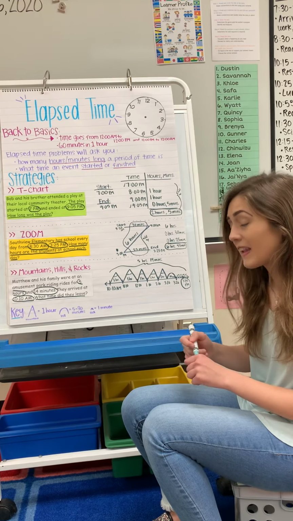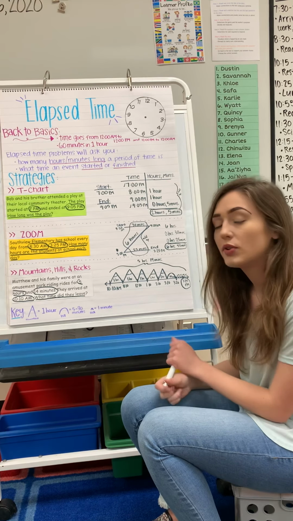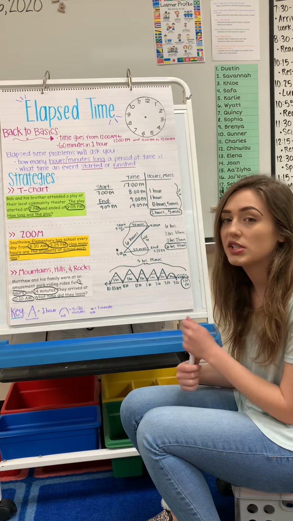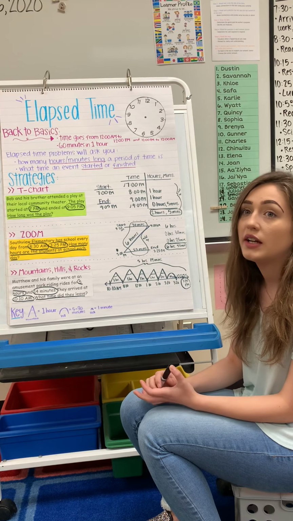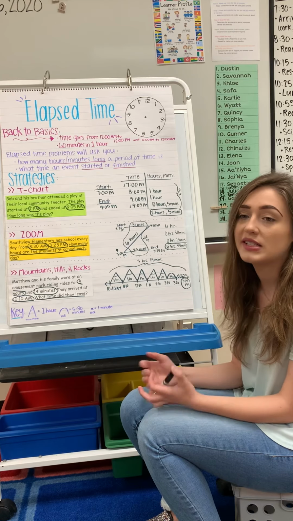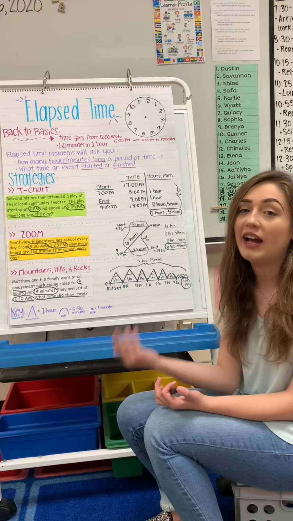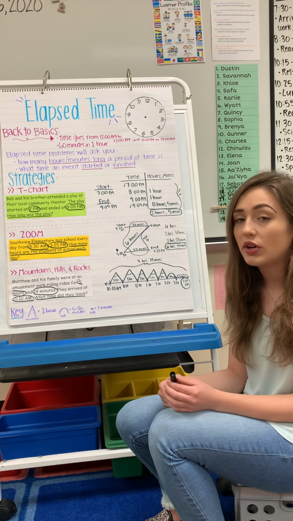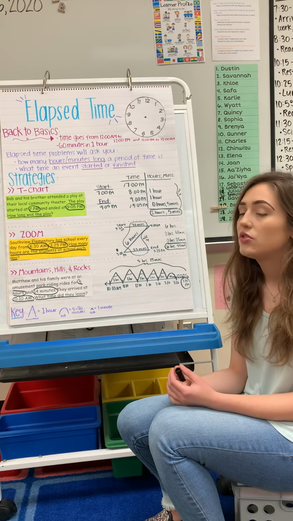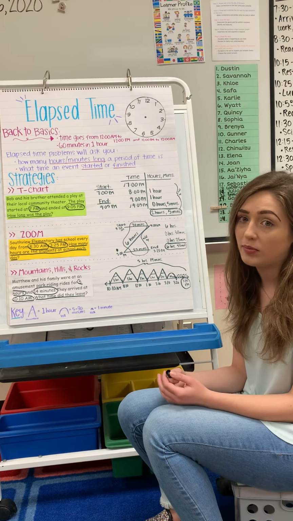Like I said, these are a lot simpler than trying to just add it, because sometimes adding doesn't really work that well, especially if you hit a number greater than 60, because there's only 60 minutes in an hour, and then it gets tricky. So hopefully these strategies will help you learn how to solve elapsed time problems.